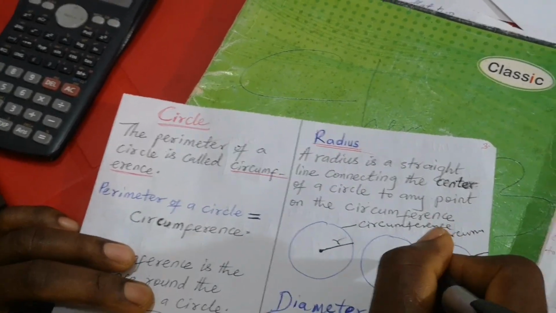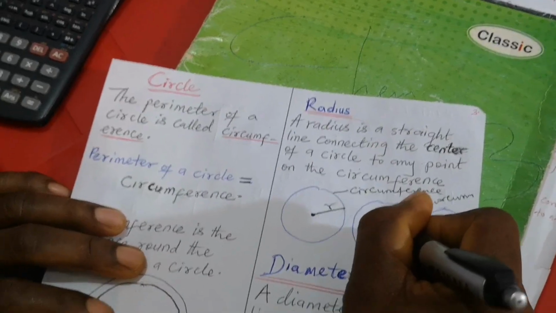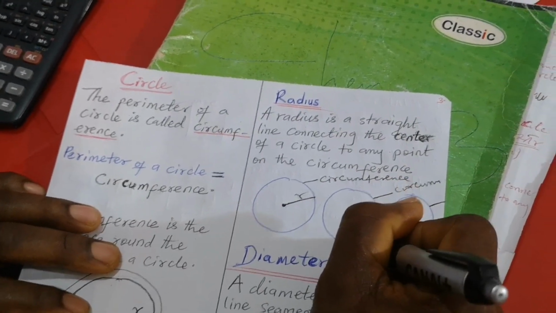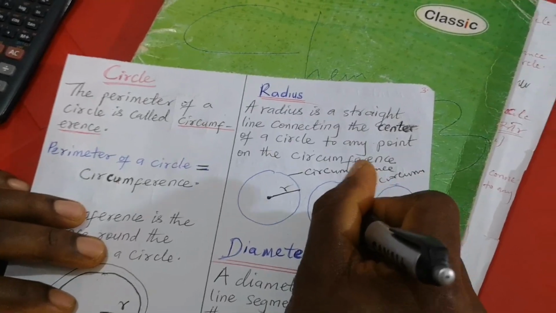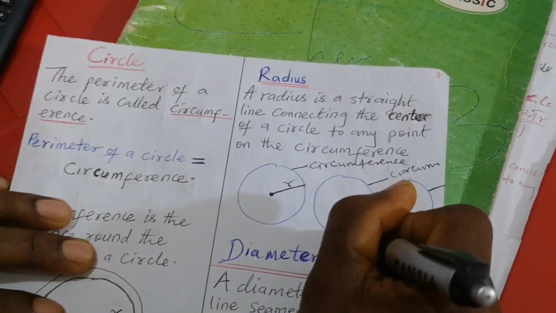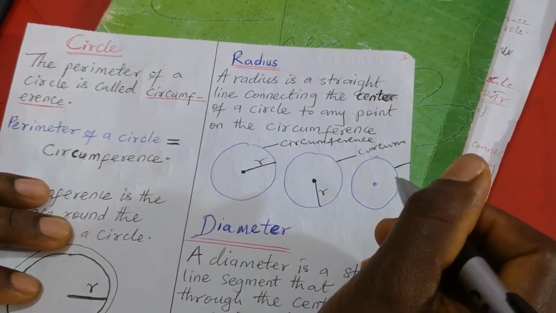Any line that runs from the circumference to the center of a circle is called radius.